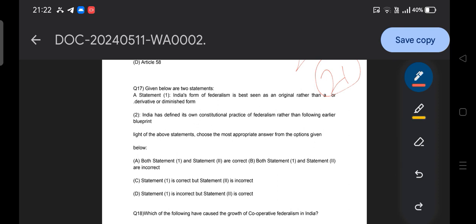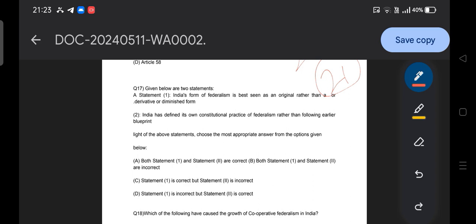So question number 21: India's form of federalism is best seen as an original rather than a derivative or diminished form. It is correct, because our federalism is based on our own uniqueness, and it's not something that we are following from any other.